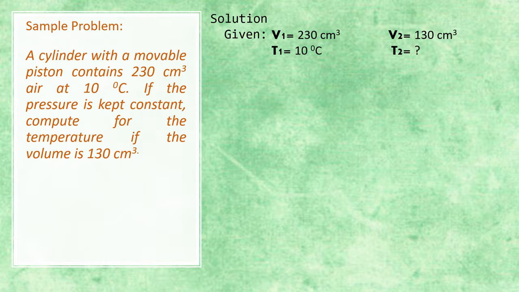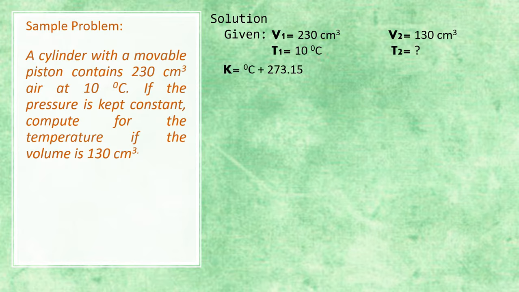Our given initial volume is equal to 230 cubic centimeter. Our initial temperature is 10 degrees Celsius. Our final volume is 130 cubic centimeter. At ang unknown natin is the final temperature. Again, dahil ang temperature natin ay naka-degrees Celsius, kailangan muna natin itong i-convert into Kelvin.